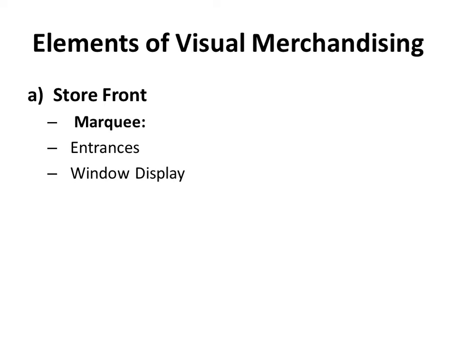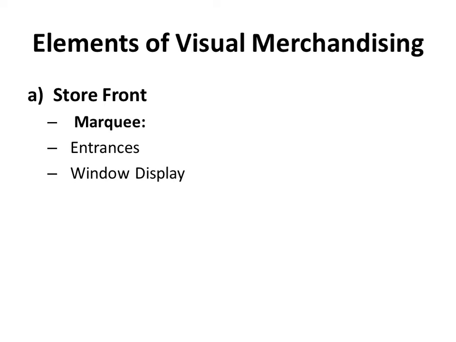Okay, so you must use different window display systems to display the products. It is the way you keep your products to attract the customer. By having a good window display, the main aim is to grab or capture the attention of the customer.